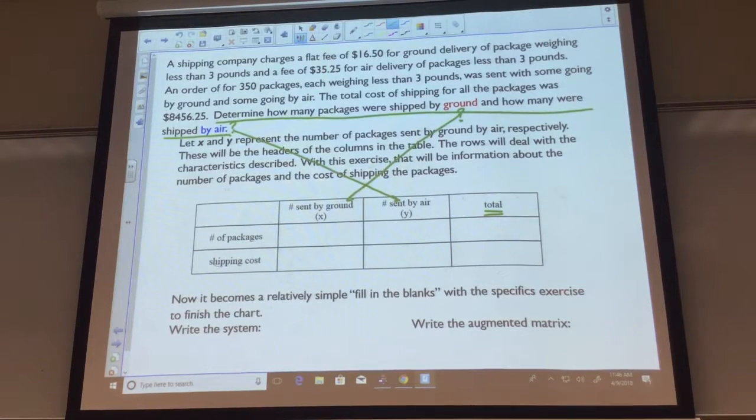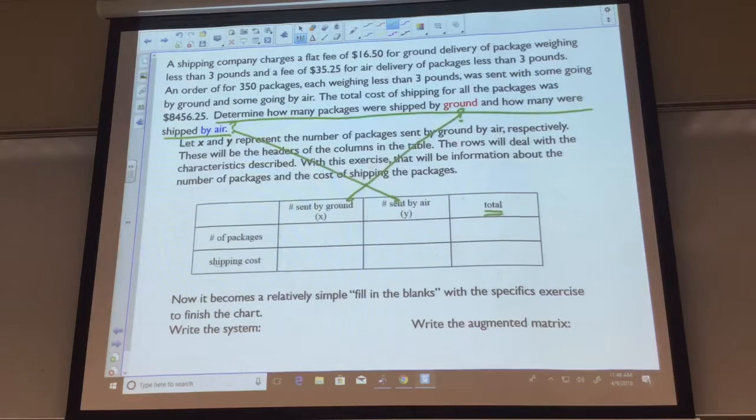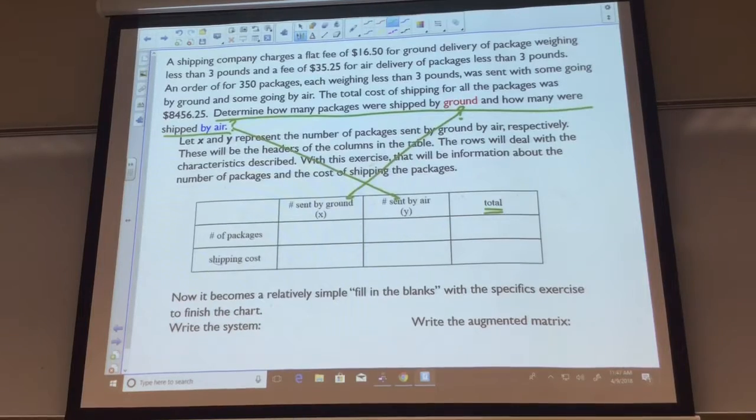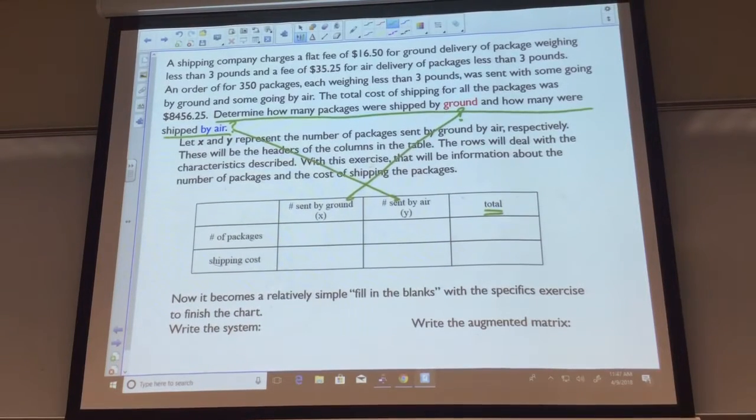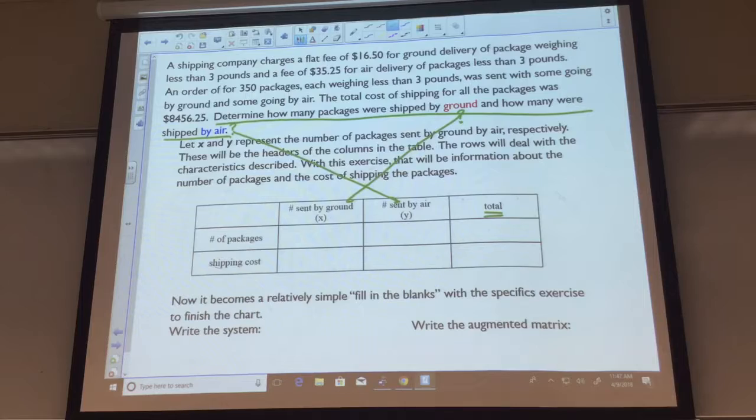All the information about the packages shipped by ground, since that was the first unknown I read in the problem, will be described by X variables. And all the values associated with shipping by air are going to be described by Y values. And all the values of totals are going to be totals. They'll be numbers. They won't have variables attached to them.